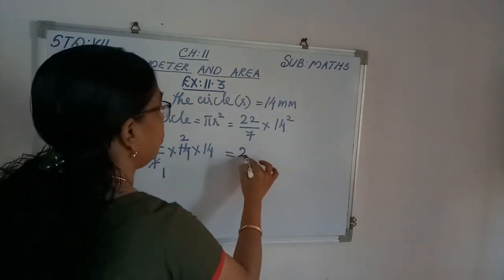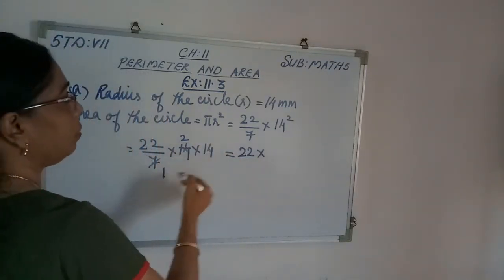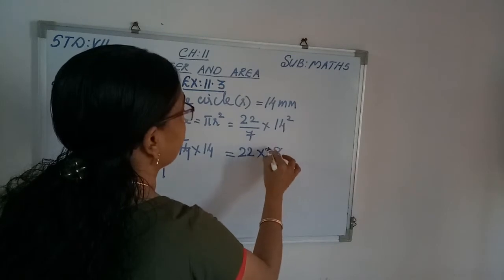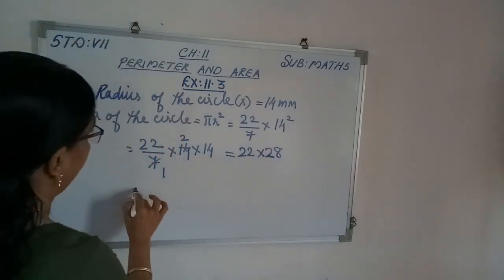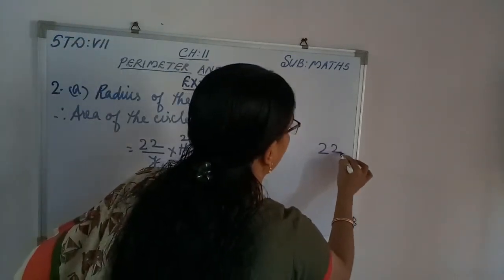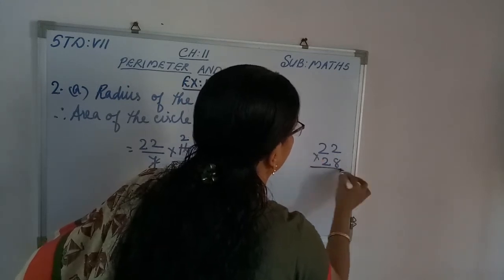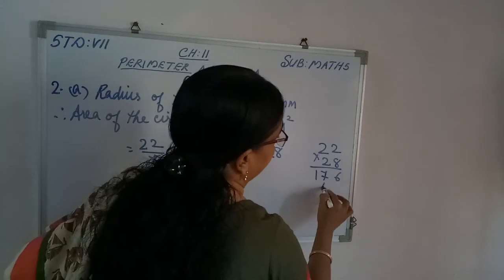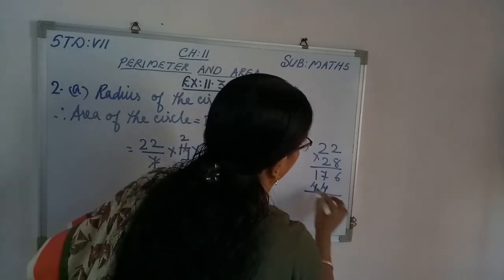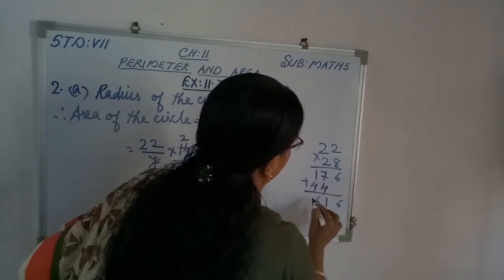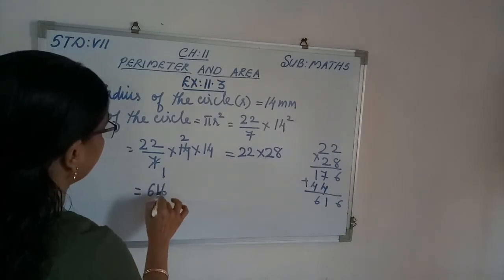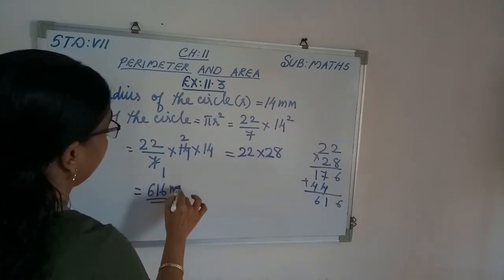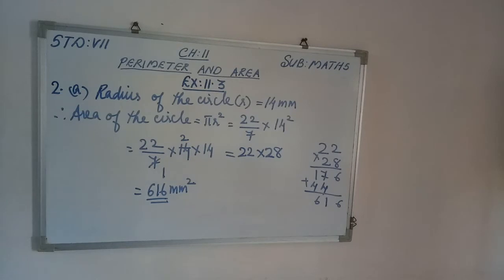Then 22 multiplied by 14 twos are 28. The answer will be 22 multiplied by 28. 2 8s are 16. So 616 millimeter square. That's the area of the circle.